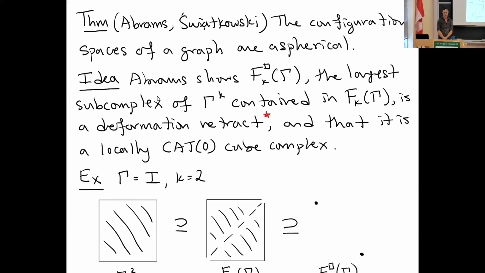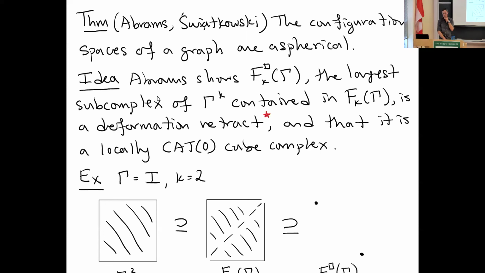Those are the only cells of the product that are inside the complement of the diagonal. If this isn't crystal clear to everybody, please ask, because we're going to look at more complicated examples in a moment. And of course, as you see, those 2 points are a deformation retract of the complement of the diagonal, verifying Abrams' theorem in this case.